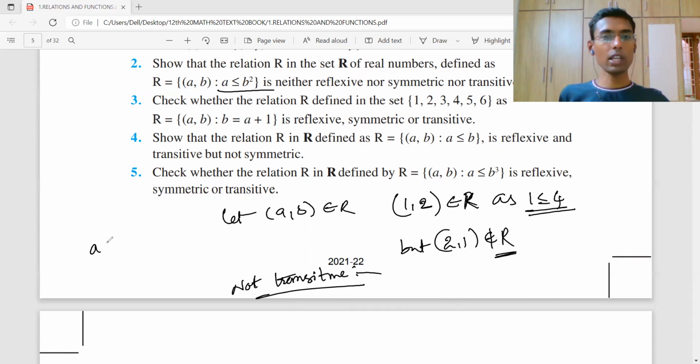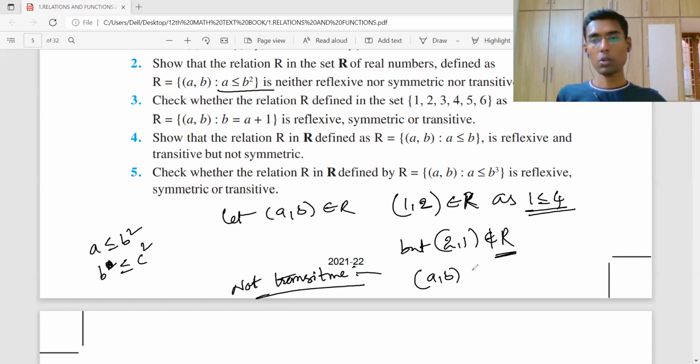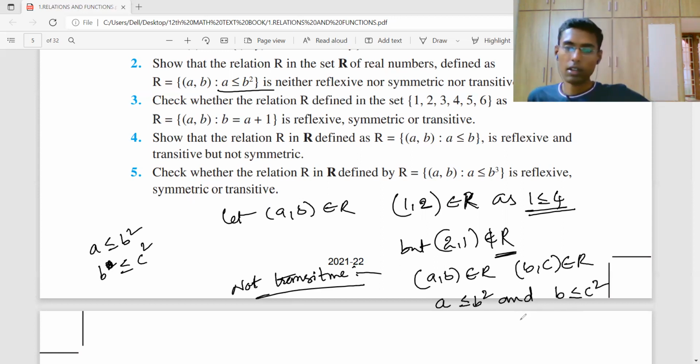Generally it looks like a is less than or equal to b squared and b is less than or equal to c squared. (a, b) belongs to R, (b, c) belongs to R. Then a is less than or equal to c squared. Mostly it will happen. But where it doesn't happen in this?